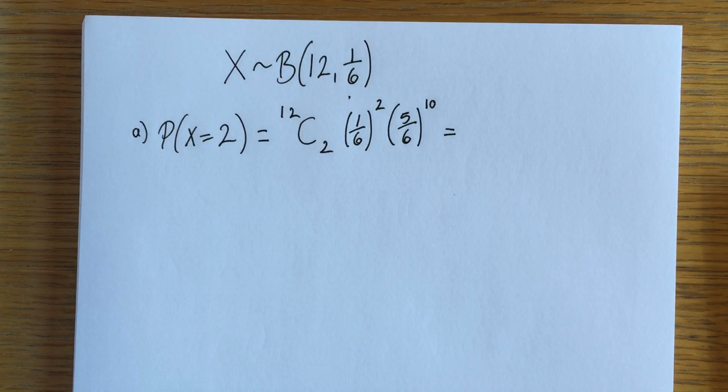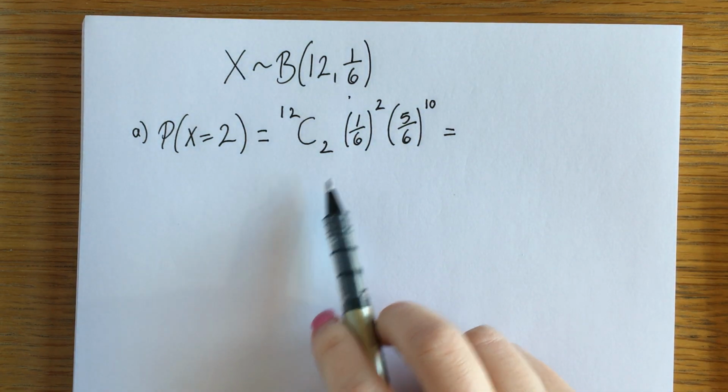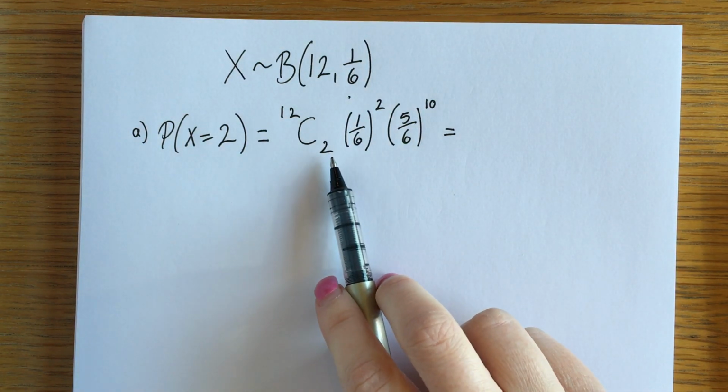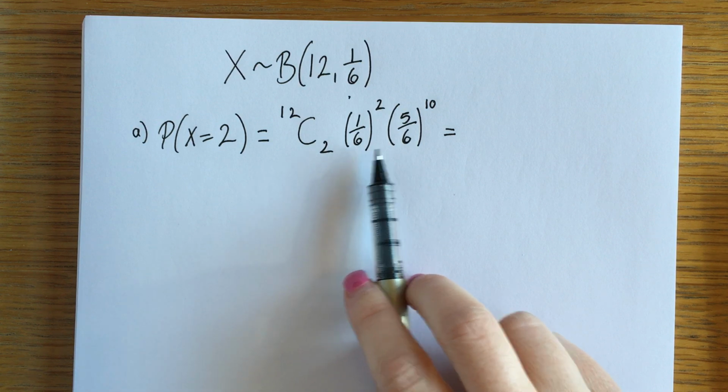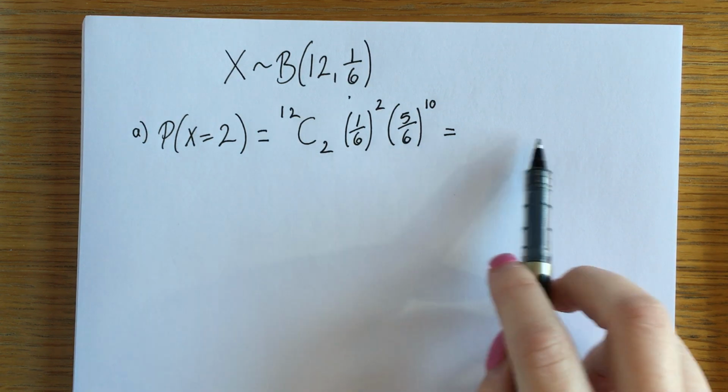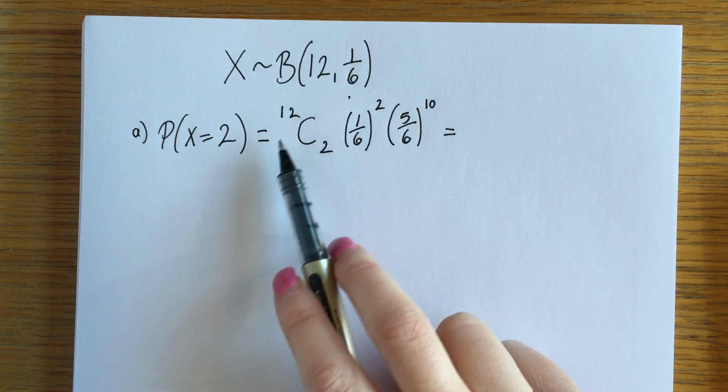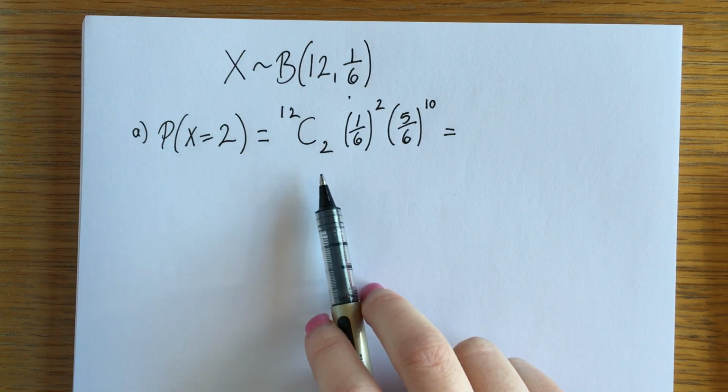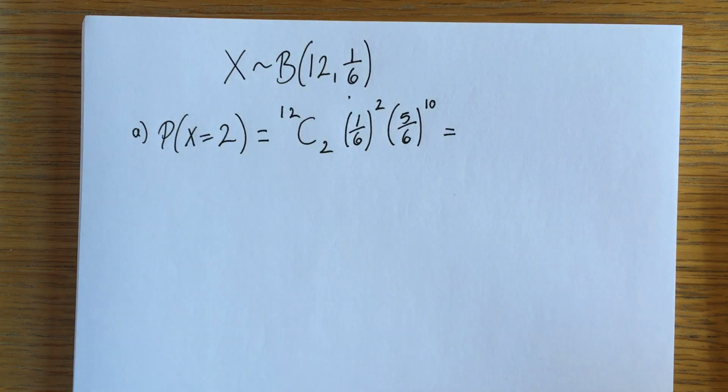So this might be, I roll a dice 12 times, what's the probability that I get 2 6s? So it's 6 times 6 times not 6, 10 times, times by the number of ways that if I roll it 12 times, I'm going to get 2 6s.